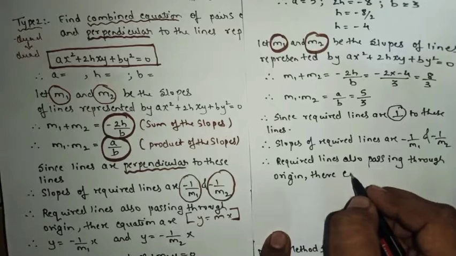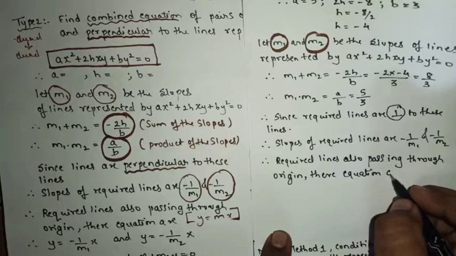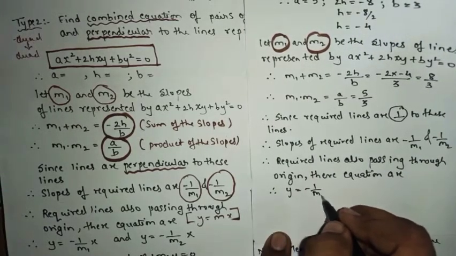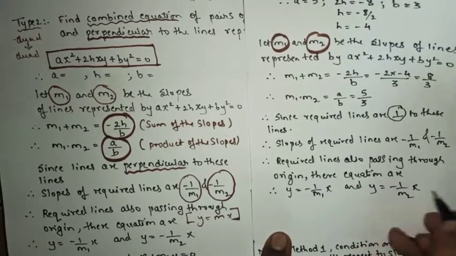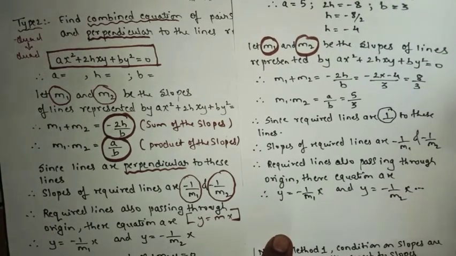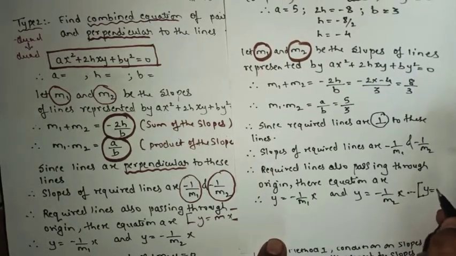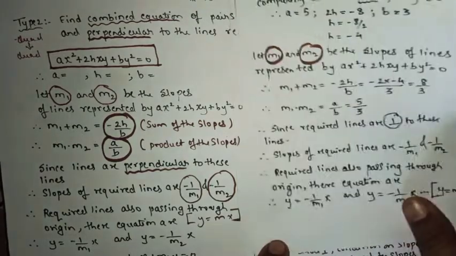So the required equations are y equal to minus 1 upon m1 x and y equals to minus 1 upon m2 x. Yes or no? You can give the reason: when it is passing through the origin, we'll apply this formula, y equal to mx. As we know that here we have two slopes, you will apply this formula 2 times. Yes or no? Now move on to the next.